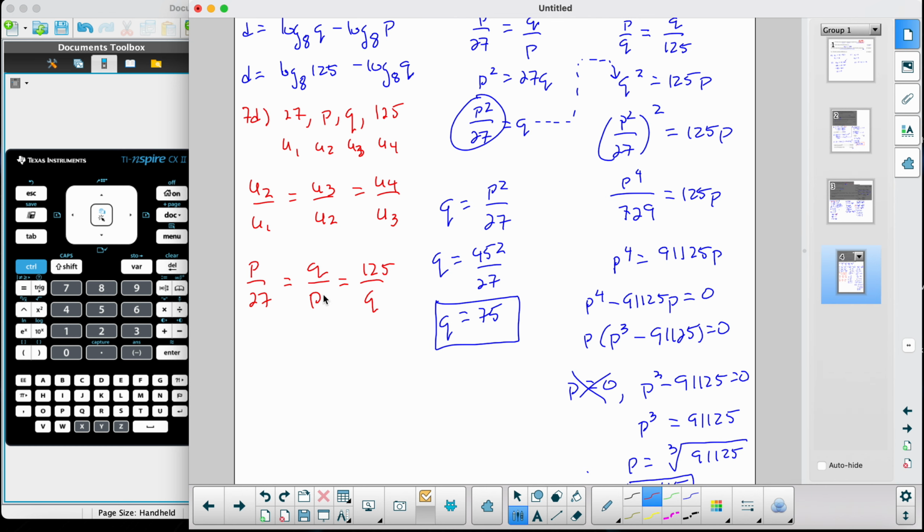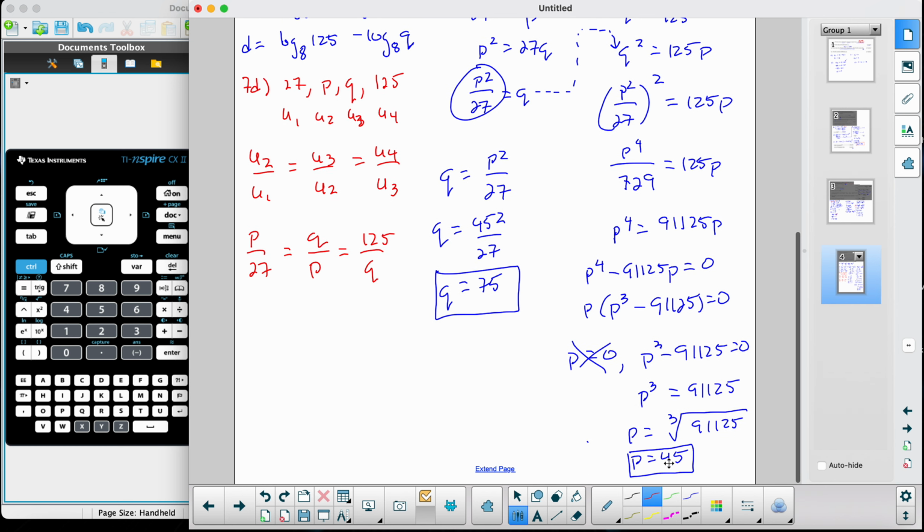So now let's plug in. P is 45, so 45 over 27. Q over P is 75 over 45. And then 125 over 75. Let's see what they all equal, right? So both of these are divisible by 9, so that would be 5 over 3.